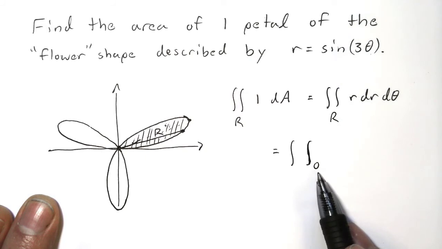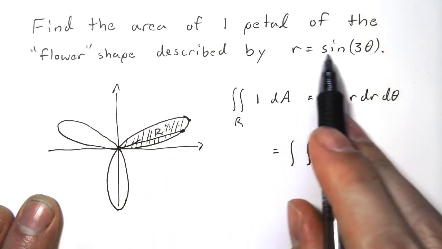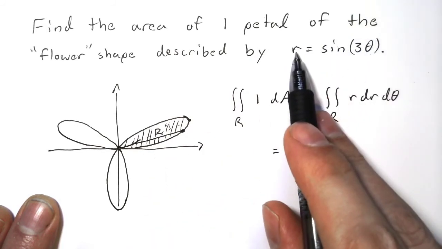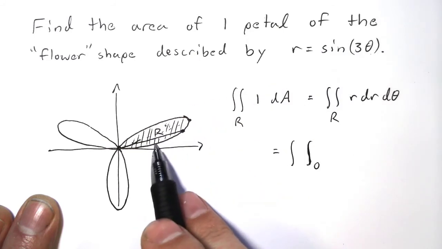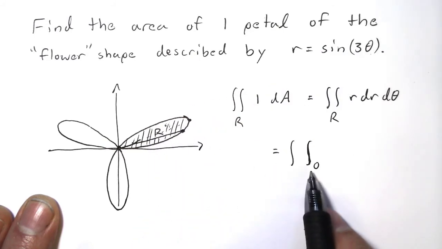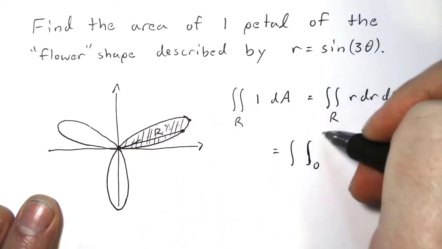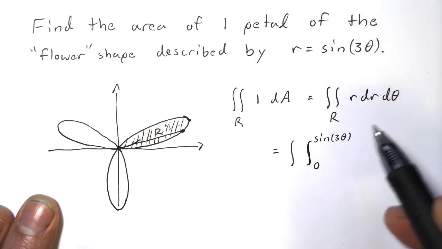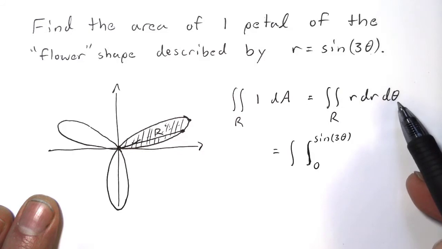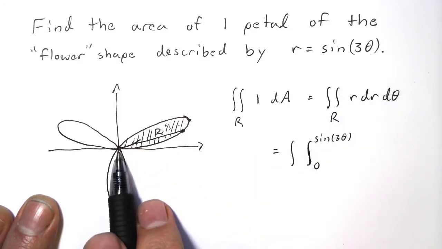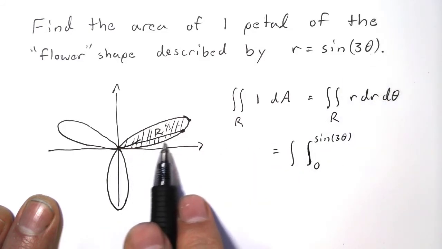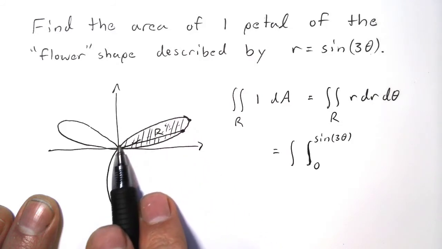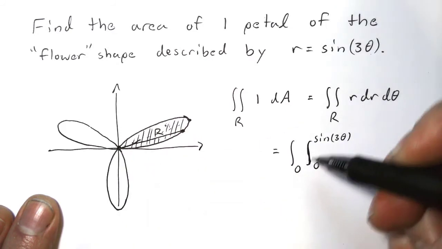Well, what defines the edge of the petal? Well, that's what this equation was doing, right? When r equals sine 3 theta, we are on the perimeter of the petal. So I'm going to go from 0 to sine 3 theta. Now, theta is going to go from, well, we said that to get from here back to here, it's when theta went from 0 to pi over 3.